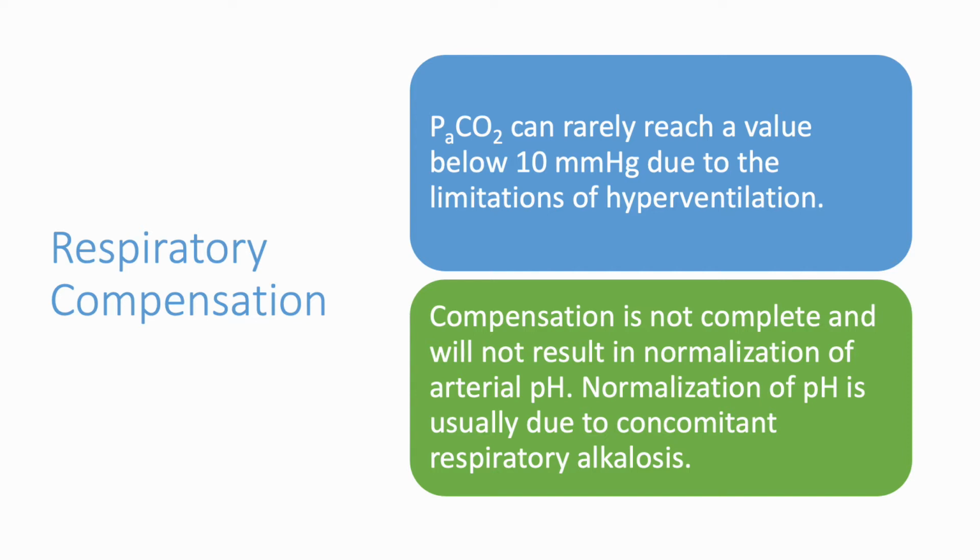If you're calculating a large anion gap and you know you have lactic acidosis, but yet the pH is normal or close to normal, 7.39, 7.4, then you have respiratory alkalosis. The expected compensation can never normalize the pH. If it's normalized, then you have two disorders, metabolic acidosis and respiratory alkalosis, each pulling in a different direction, and this is why the pH is normal. They cancel each other out.